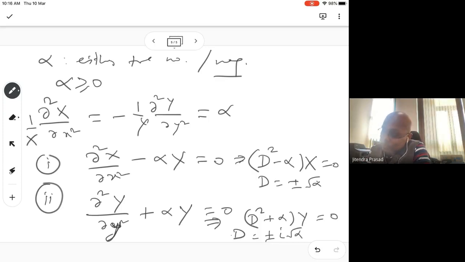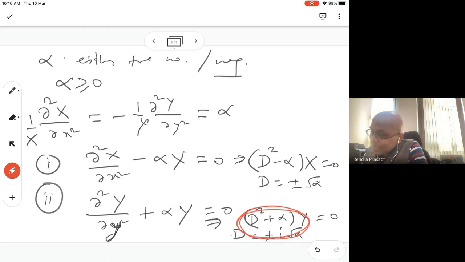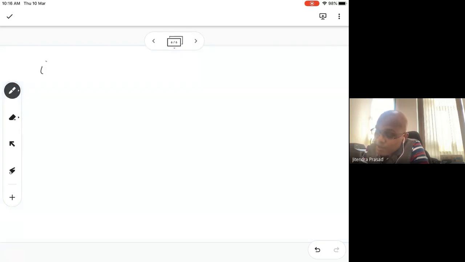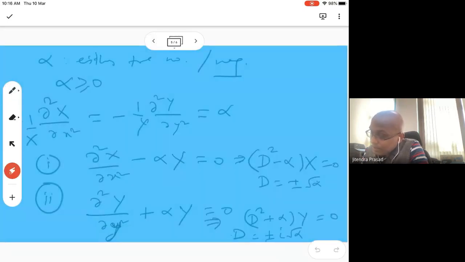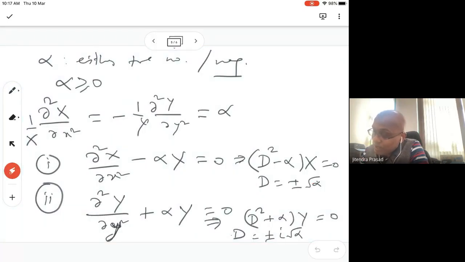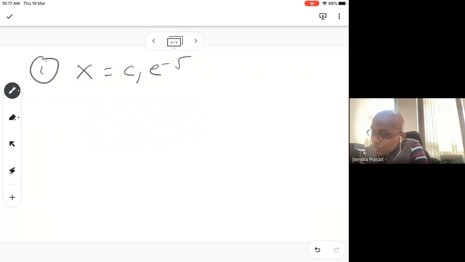So what you get here is, since alpha is a positive number, from 1 you get the x values: x will be equal to c1 e to the power minus root alpha x plus c2 e to the power plus root alpha x.